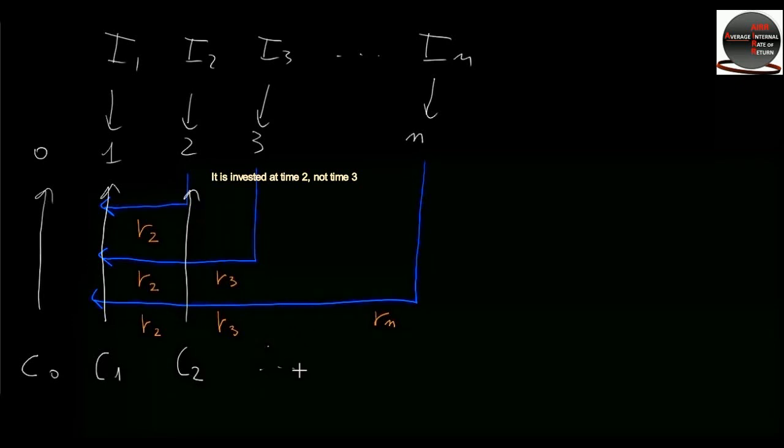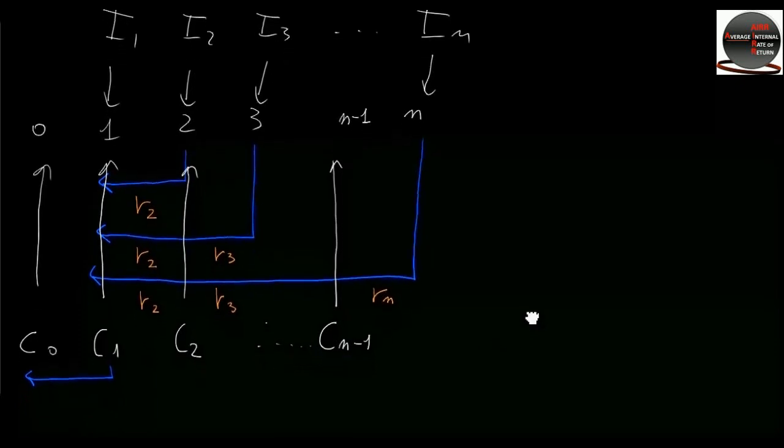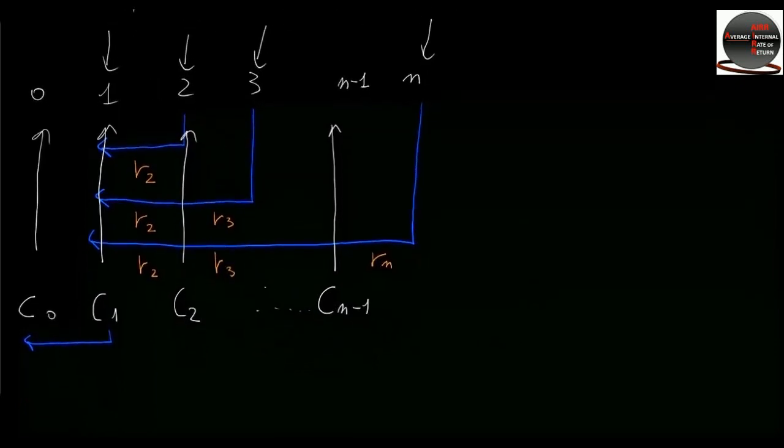And so on. The last capital is invested at time n minus 1. So we have to discount C of 1 from time 1 to time 0, and to this end we will use the first cost of capital.